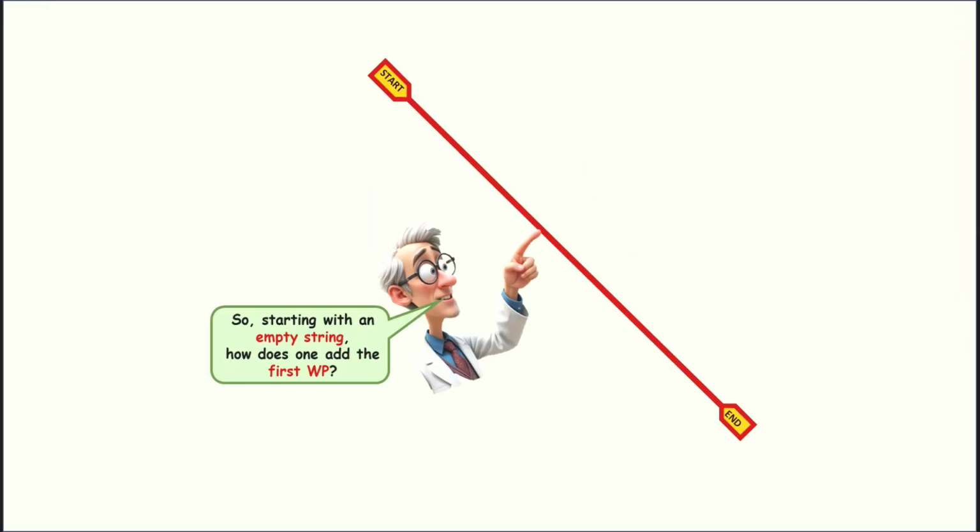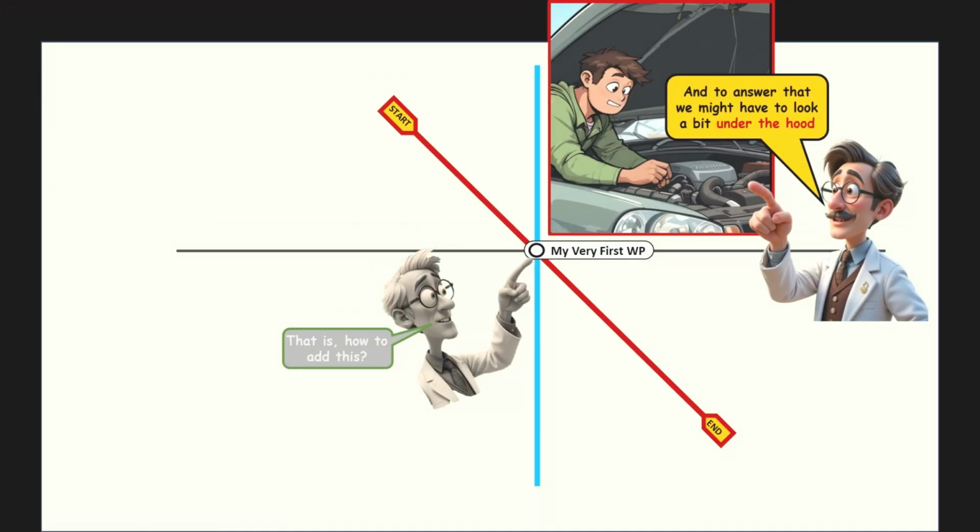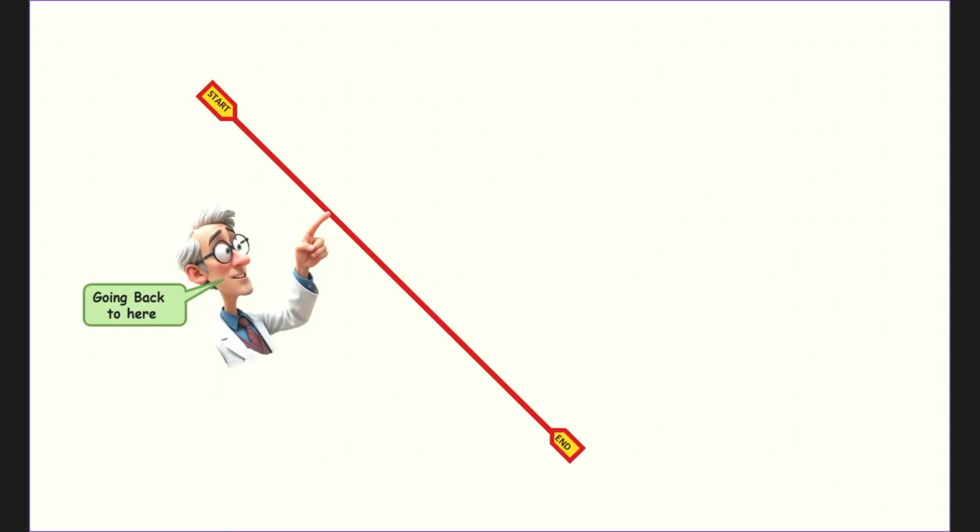So, starting with an empty string, how does one add their first white pearl? That is, how to add this. And to answer that, we might have to look a bit under the hood. Going back to here, while, I might add, giving ourselves some more room to draw on the right.